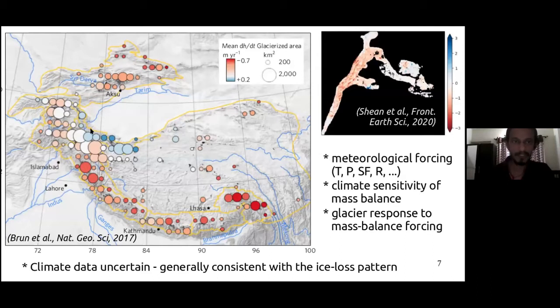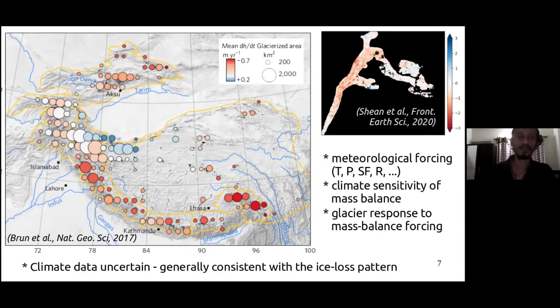According to Pankaj's model data, both this region and this region are seeing similar warming over this 25-year or so period. But these glaciers' mass balance is not changing because the snowfall does not have any trend here. But in the Himalaya, the snowfall is reducing because snow is getting converted into rain, and that at least explains part of this pattern.